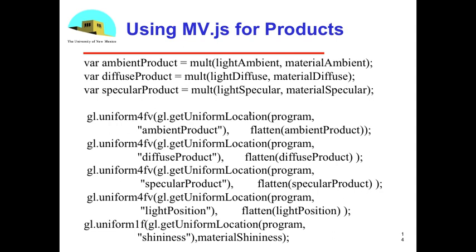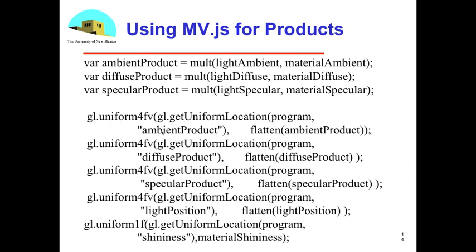Now, if we're going to do the calculation in the shader, then I have to get this information to the shader. So what I'm going to do is just send them over as uniforms. Here's the standard uniform way of sending them over. They're four-dimensional the way that I've done them. So I'm going to get the uniform location for the program. I can combine this all in one line: get the uniform location from the program object.